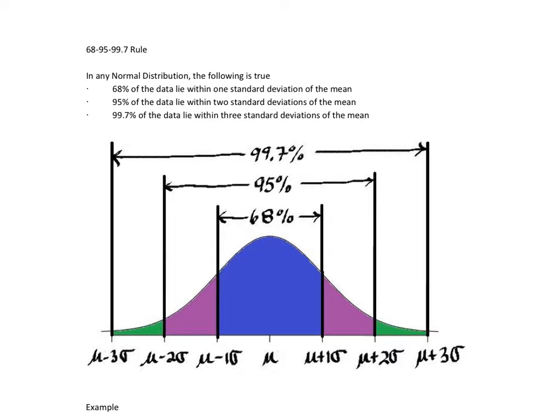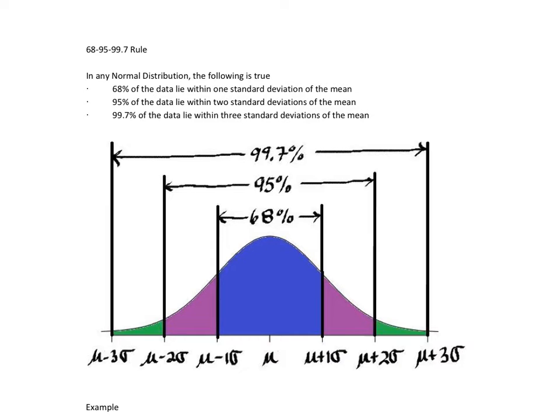Then if you go within 2 standard deviations of the mean, 95% of your data is going to lie within that, so it does include the blue area. The purple is the additional amount of area. And lastly, 99.7% of the data lies within 3 standard deviations of the mean, which is the green. The green also includes the blue and the purple; it's just the additional area that it includes.